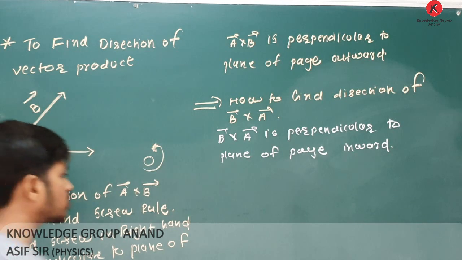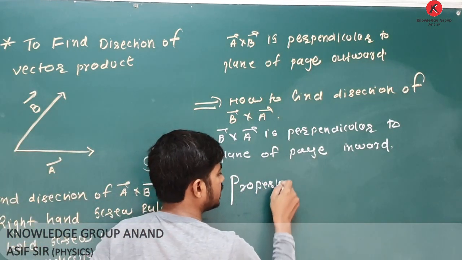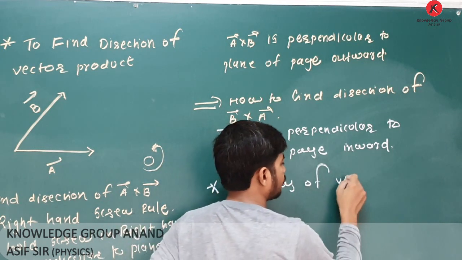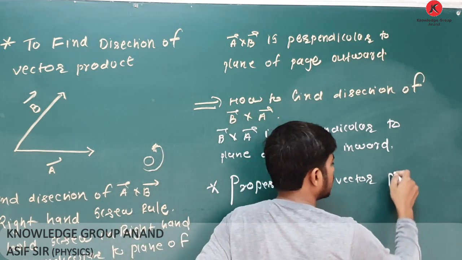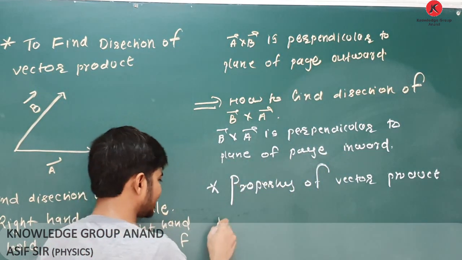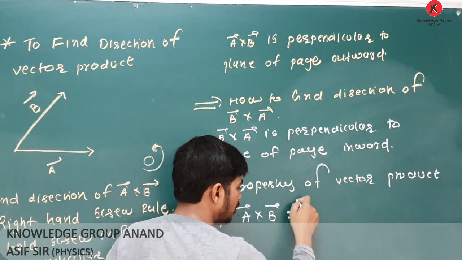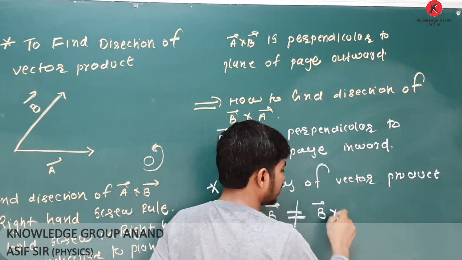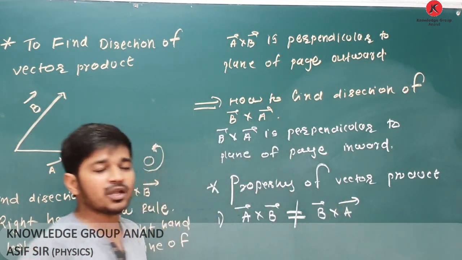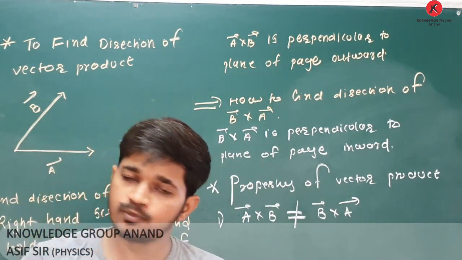Clear about this? So yes, if we discuss the properties of the vector product, what is the first property? Here it is: A cross B is not equal to B cross A. Why? Because a vector quantity means magnitude and direction both.